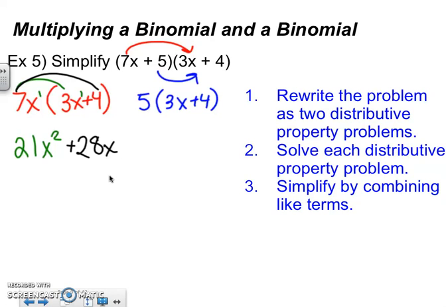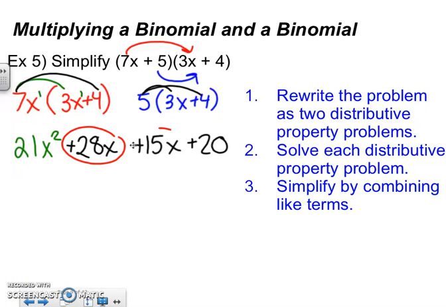Now I'm going to hop over here and do 5 times 3x and get a positive 15x. And then lastly, I'm going to do 5 times 4 and get a positive 20. Okay? So once you have solved each distributive property problem, you are lastly going to combine like terms. So out of this first term, second one, third one, and fourth one, I know I can combine these two middle terms because they both have a variable of an x.